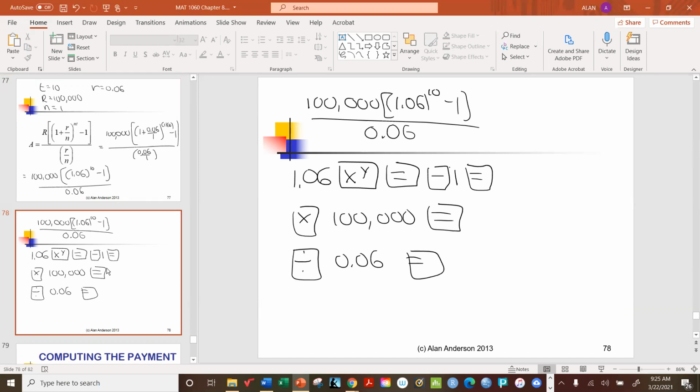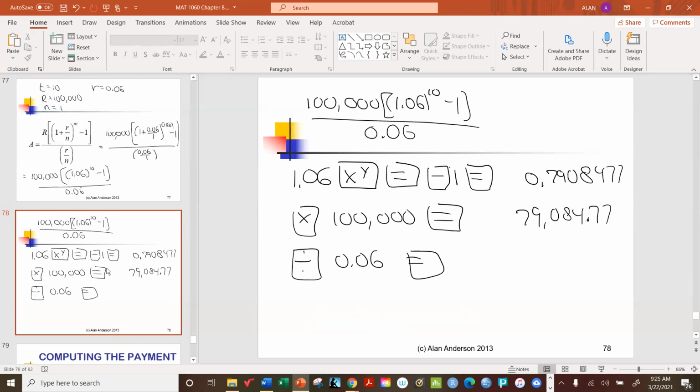1.06 raised to the 10th equals, minus 1 equals. So in the numerator, you have this enormously long number. It's approximately 0.7908, which when multiplied by 100,000 is about 79,084.77.